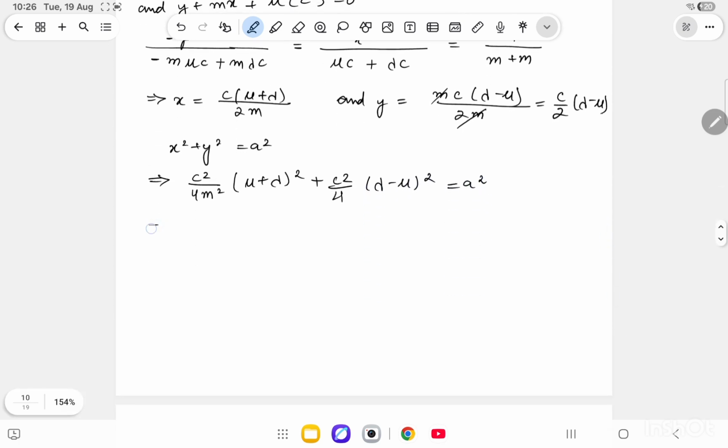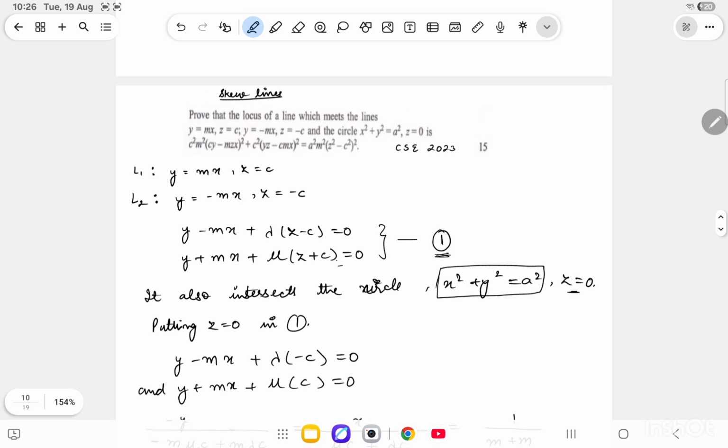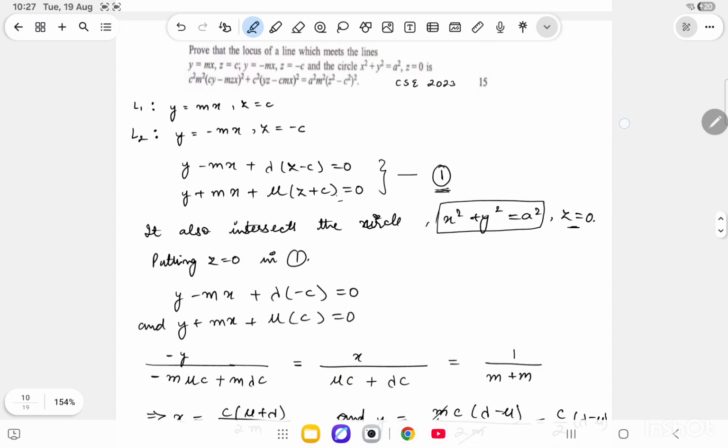Simplifying further, I'll get c square (mu plus lambda) square plus c square m square (lambda minus mu) square equals 4a square m square. Now I have a relation between mu and lambda. If I could eliminate mu and lambda, then I'll get the locus of the required line.